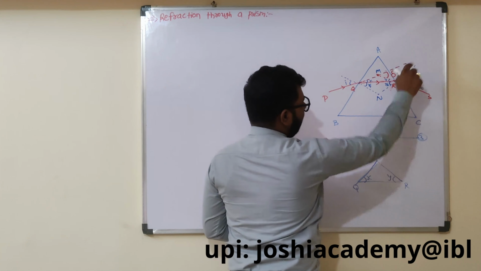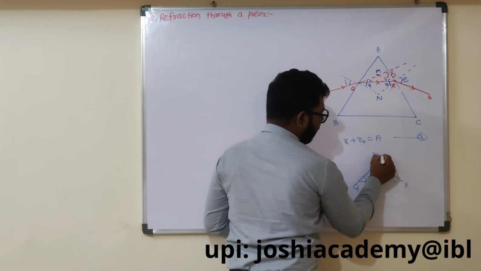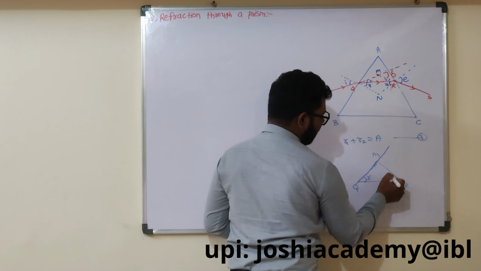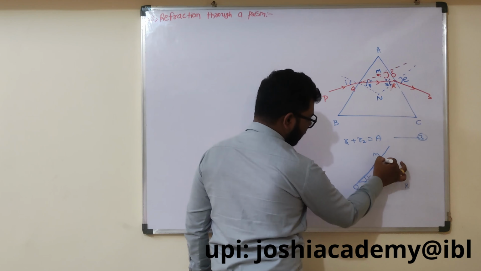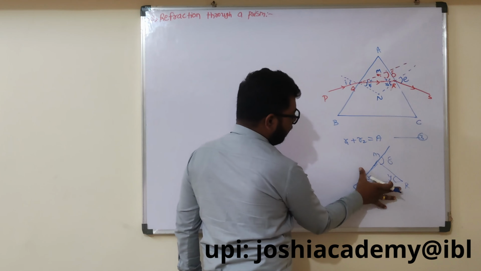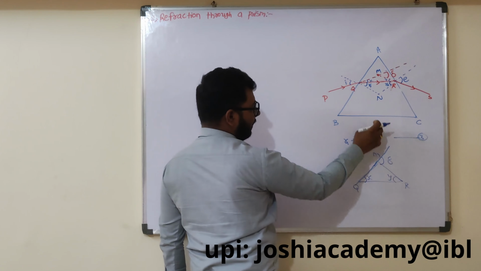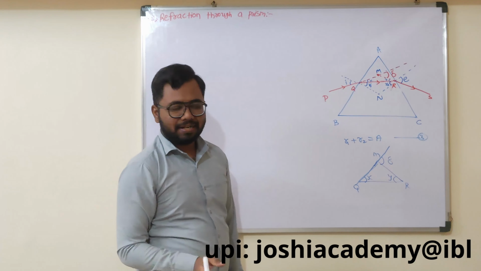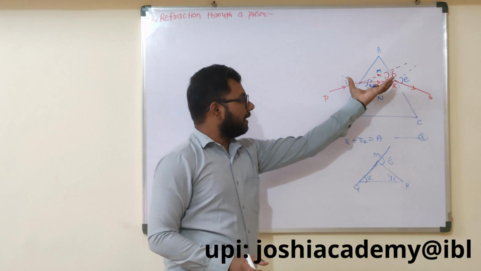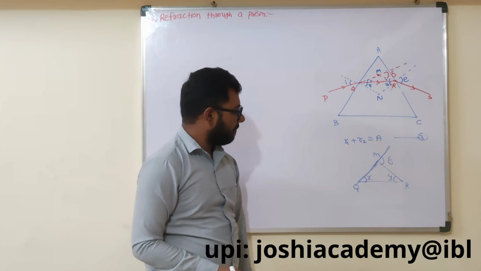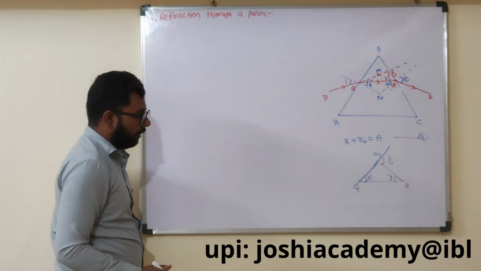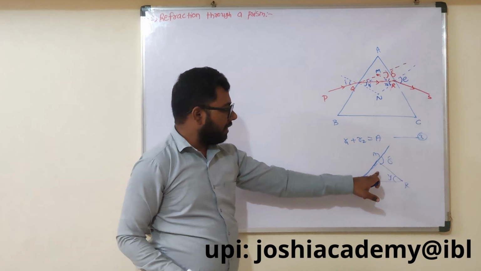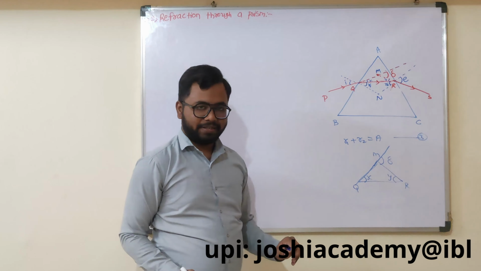Now we are getting one line over here. You might get the geometry of where I am exactly heading. Okay, this is nothing but the angle of deviation. If you compare this diagram with this one, then this is nothing but a bit enlarged version of this one, if you are getting a bit confused over here. Now, as we know from the geometry of this diagram, this is the exterior angle.